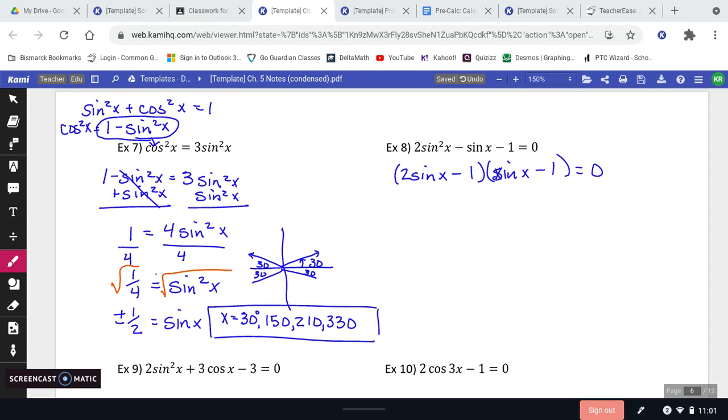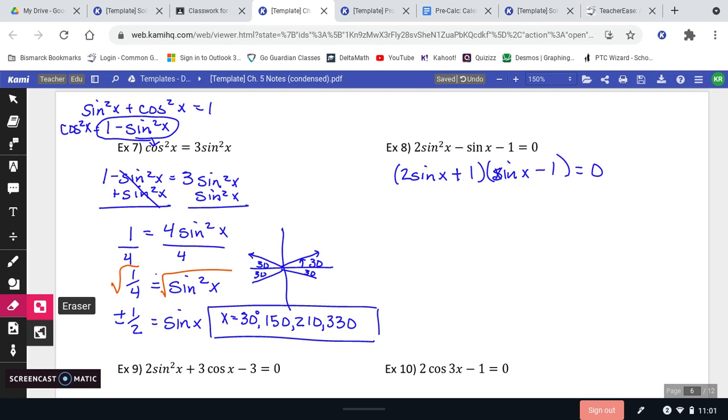Now, I know I don't have my signs quite correct, because if I want my last term to be a -1, one of these is going to be positive and the other negative. So that one's going to be the positive. If I do my FOIL, you'll see that you get a minus 2 sine x there and a plus 1 sine x there. Add those together, and you get that negative sine x in the middle.